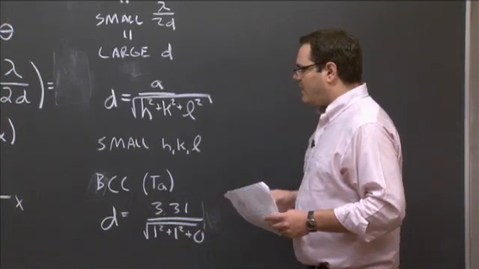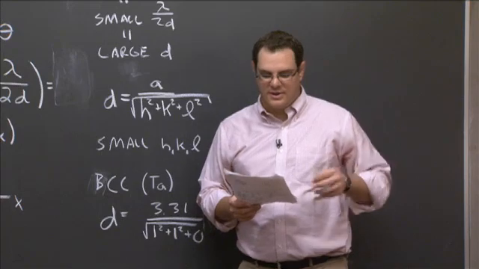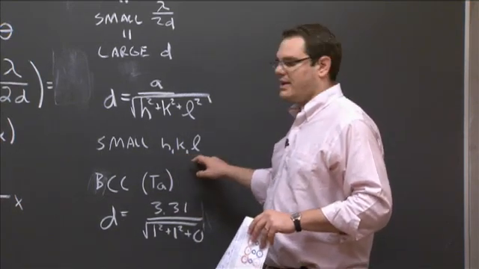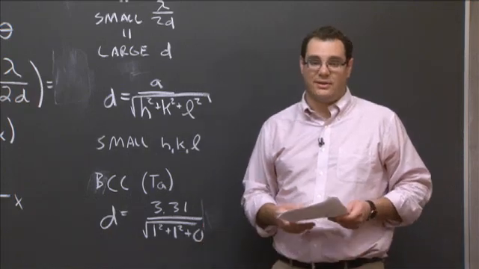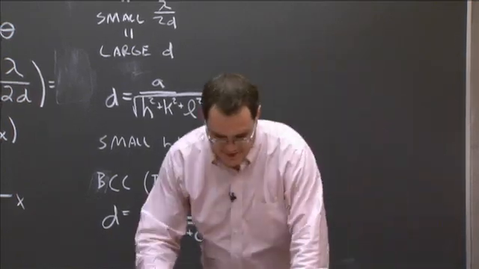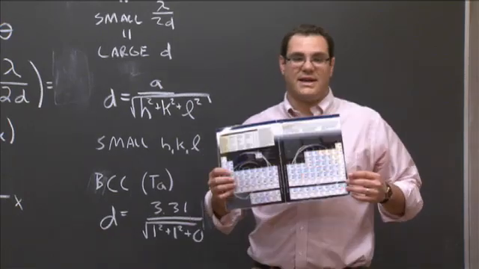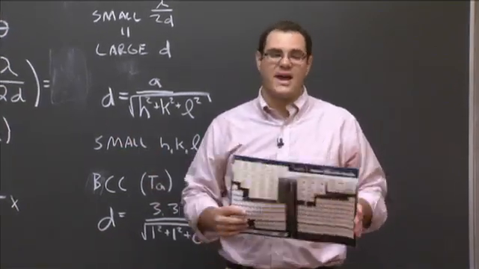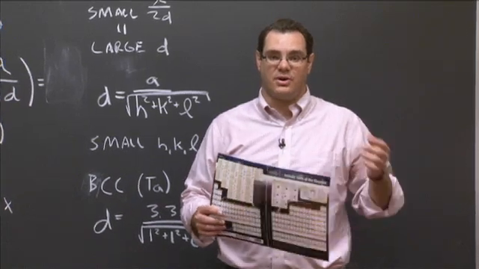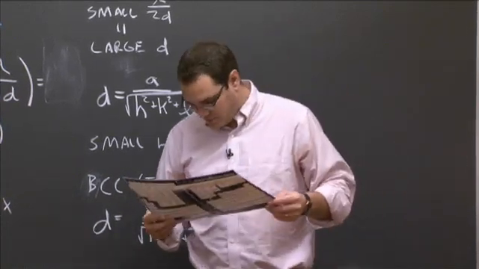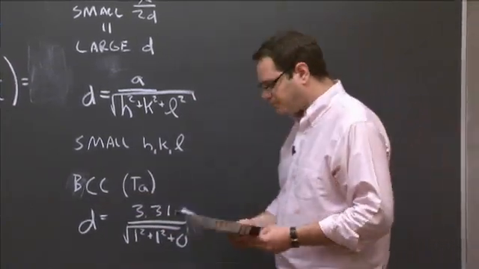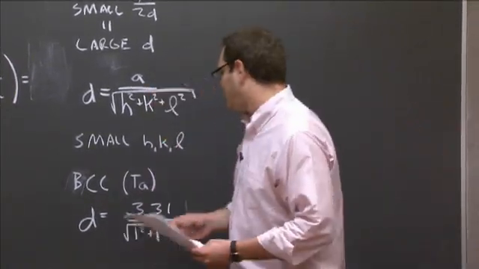So the final piece of information where we have to be clever is knowing how to get the smallest h, k, and l. We're told that we're looking at tantalum. And the students in this class have access to a periodic table which has a vast quantity of information about all of the elements in it. One of the things it has is the crystal structure of the pure elements. So for tantalum, we're looking at BCC structure.